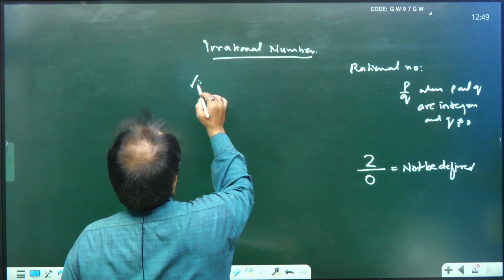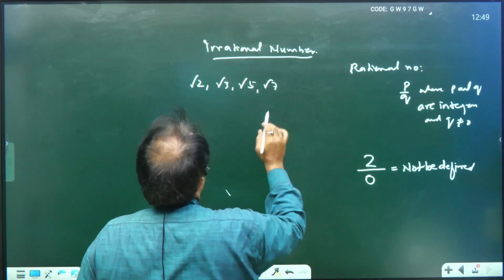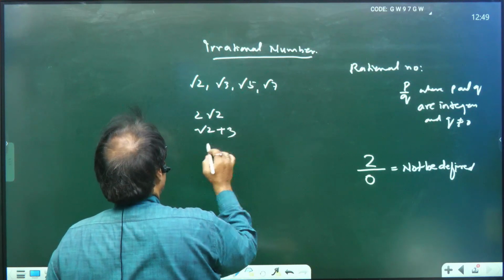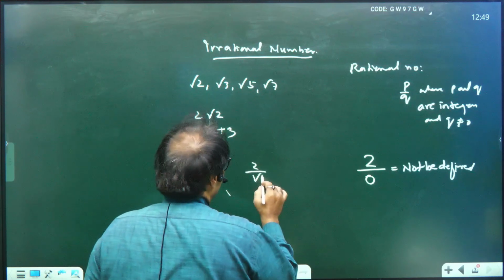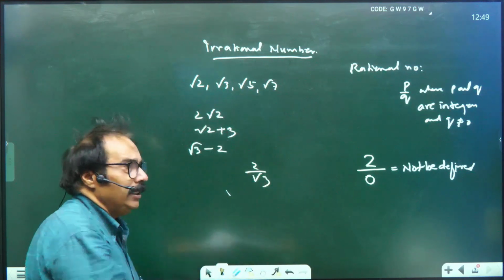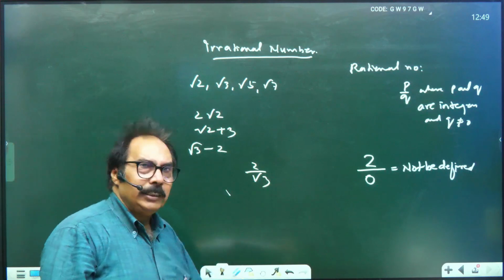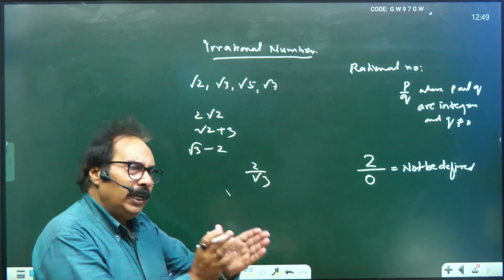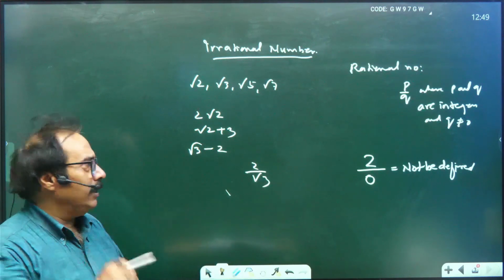For example, root 2, root 3, root 5, root 7, or 2 root 2, or root 2 plus 3, or 3 root 3 minus 2, or 2 upon root 3. All of these are irrational numbers.